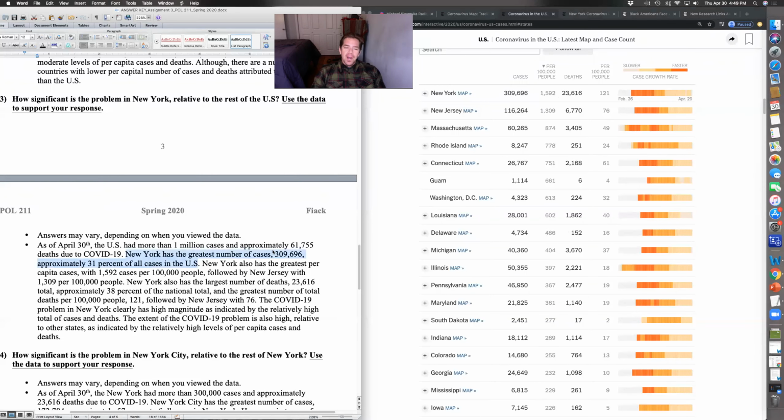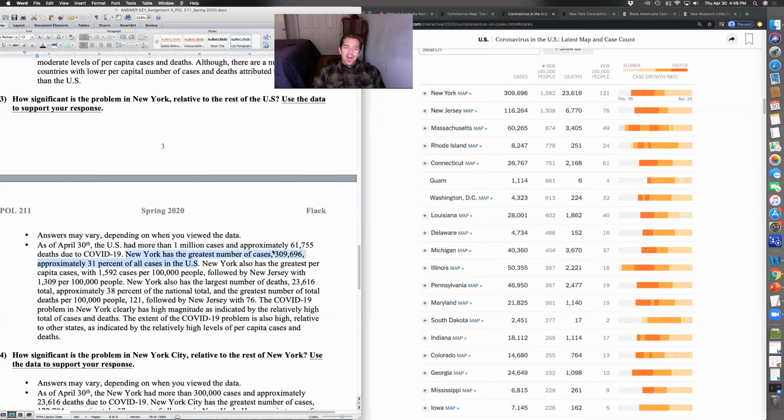If we switch over to thinking about the number of deaths, New York State, again at the top, 23,000 deaths attributed to COVID-19. The next highest state, which I added to this response just for comparison, is 6,000, and that's just over in New Jersey, just across the river here.